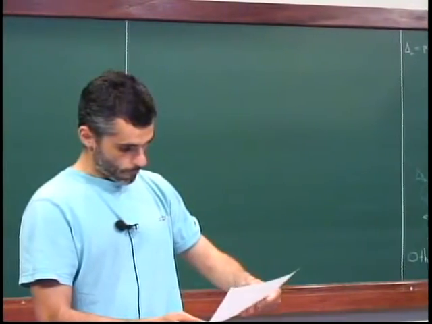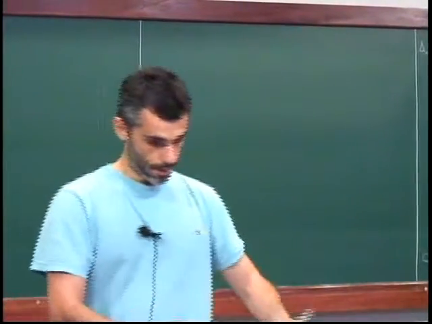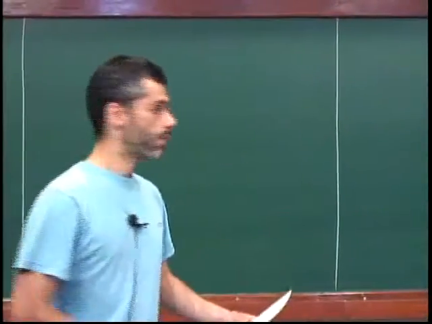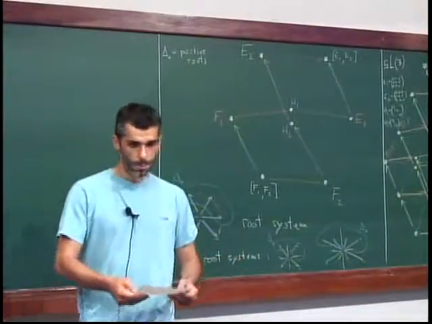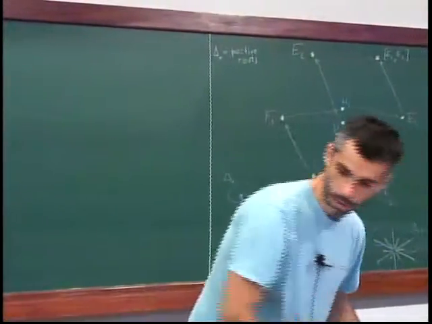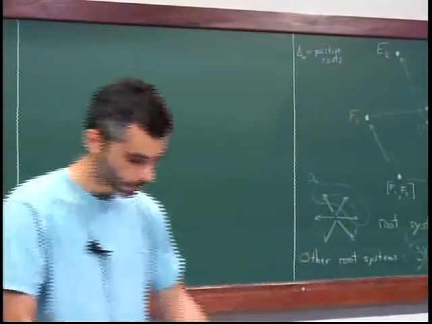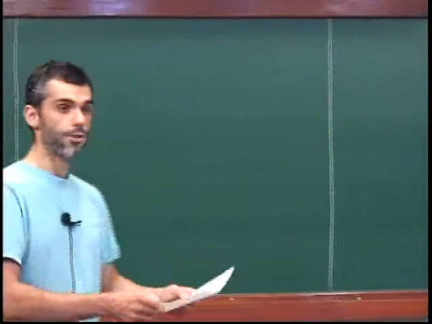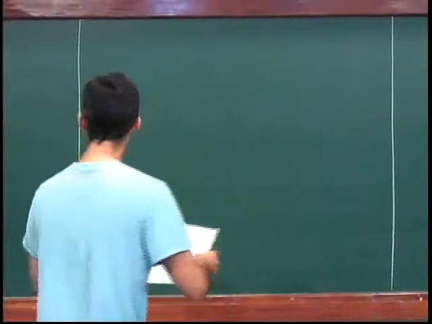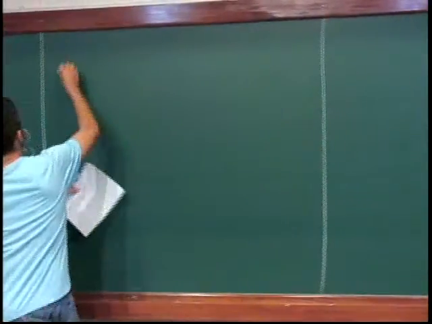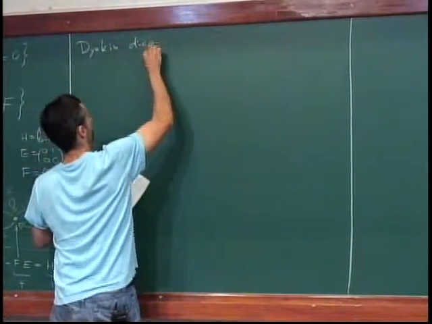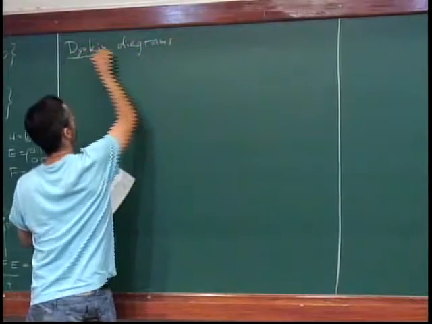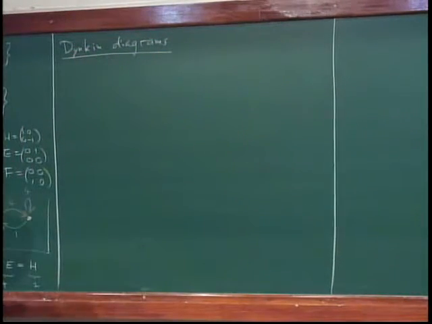So fair enough. I gave you some examples of Lie algebras, some in more detail than others. But let me now give you the general story. The way to build a general finite dimensional simple Lie algebra is as follows. You start with one of the following so-called Dynkin diagrams.